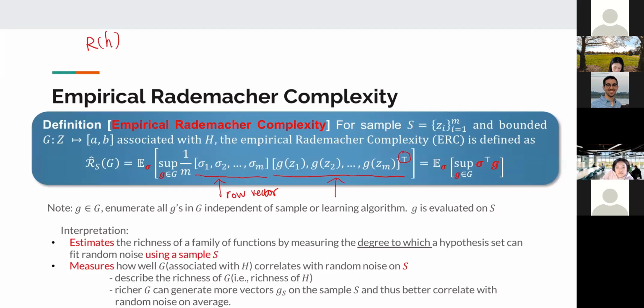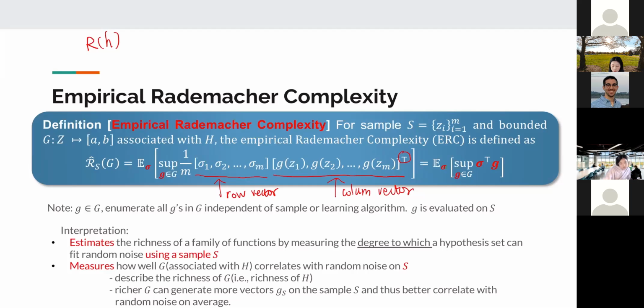Sorry, I made a mistake earlier. Now I take the transpose of the row vector, and it becomes a column vector. So I'm taking the multiplication of a row vector and a column vector, which becomes the inner product, giving you a scalar. Does that make sense? But notice what the second column vector is: it is the function g, for any g within the class G.